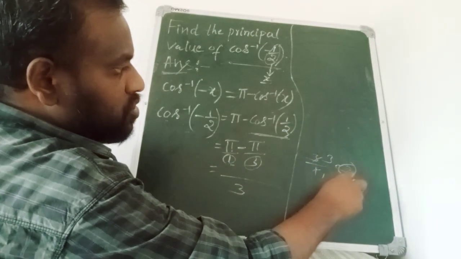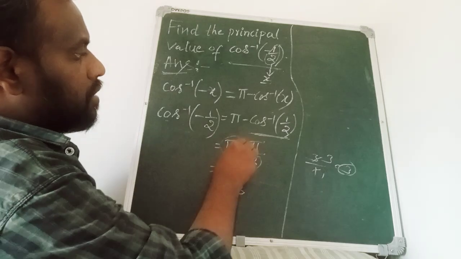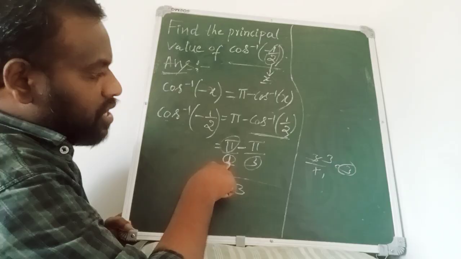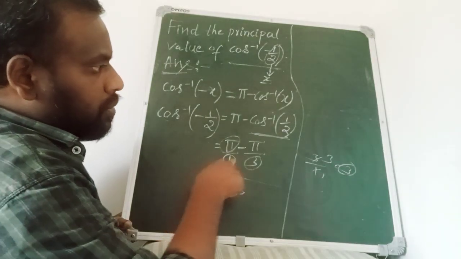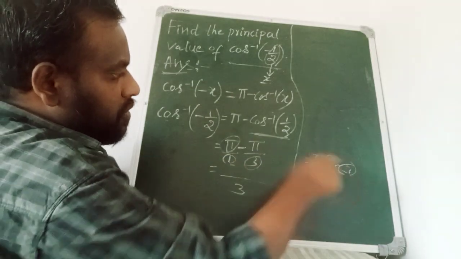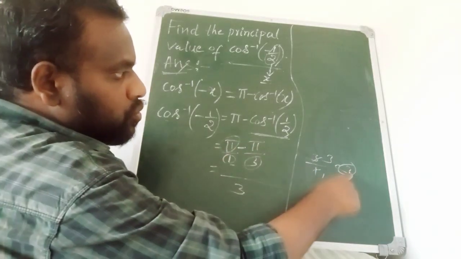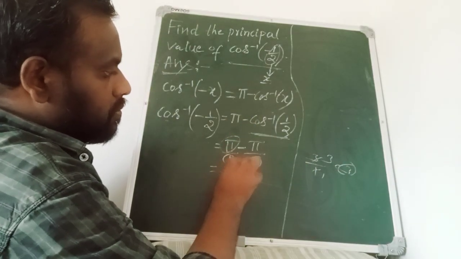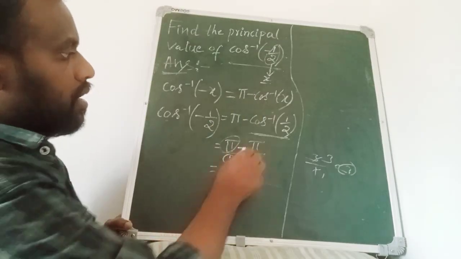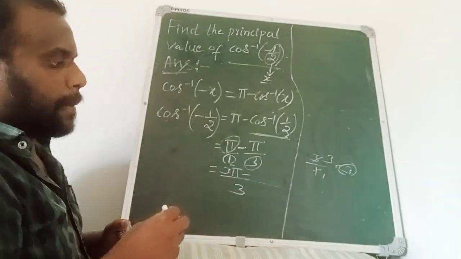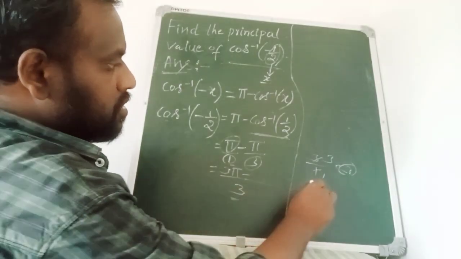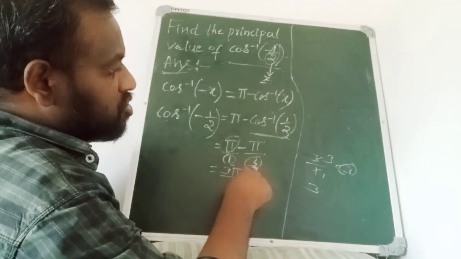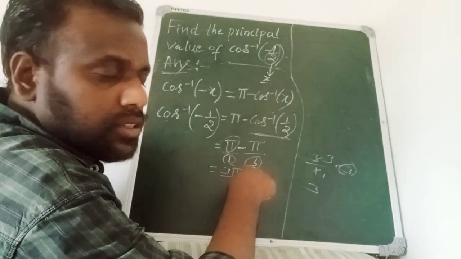Now multiply this 3 with this numerator, because we divided by this denominator. Whatever result we get, we have to multiply with this numerator. So 3 into pi, you will get 3 pi. Next, minus, keep as it is. Next write this here separately, and now divide this 3 by this denominator, which is 3.